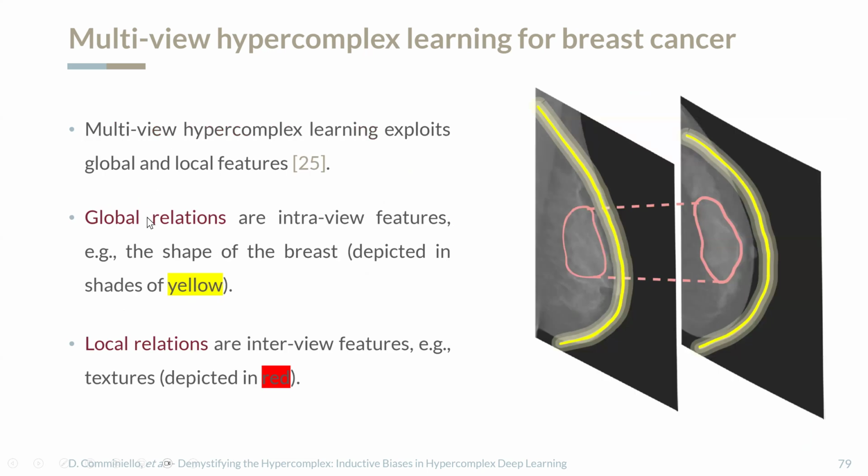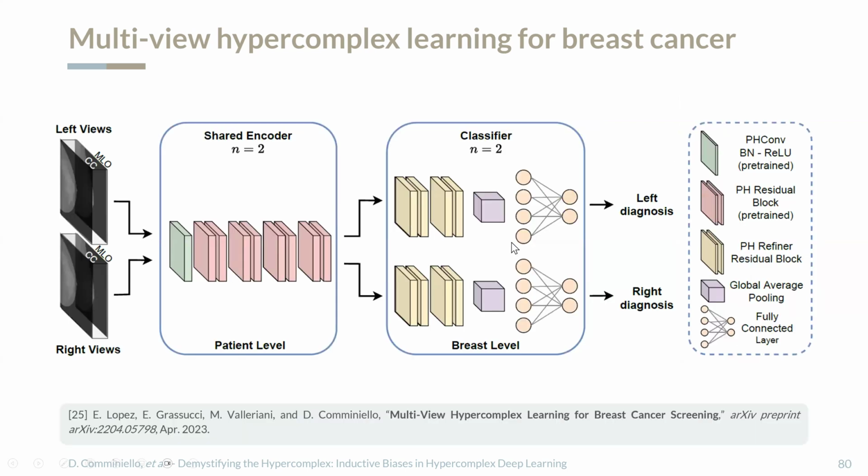While it is very good to have global relations like the shape of the object and so on, hypercomplex models are also very good at finding local relations, like high frequency details that can be recognized across different modalities and views. So we derived a multi-view hypercomplex learning approach for breast cancer screening.